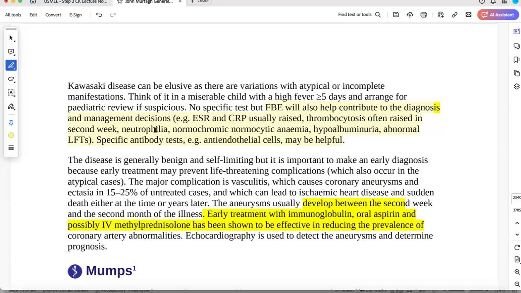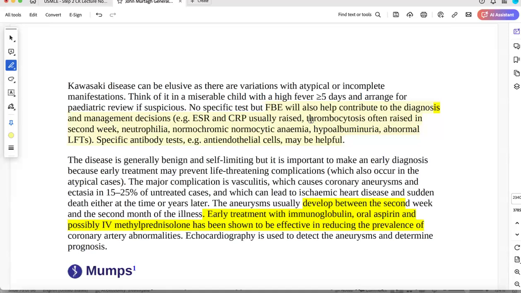Neutrophilia, so the neutrophil count can go high, anemia, hypoalbuminemia, all of this can happen, but this doesn't actually mean anything. So if the exam asks for an investigation, you should choose a full blood examination or inflammatory markers if they ask. Usually they don't.